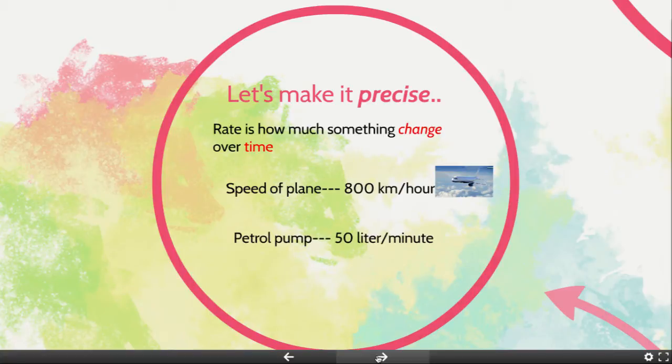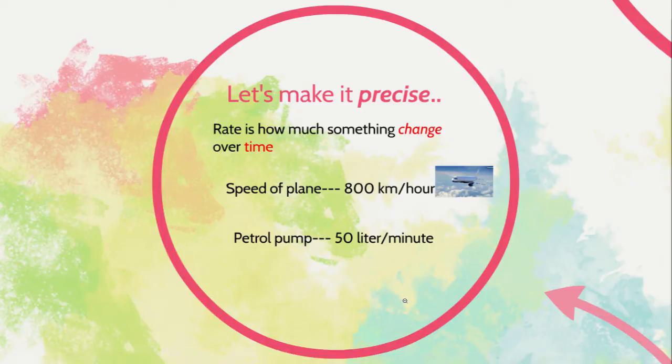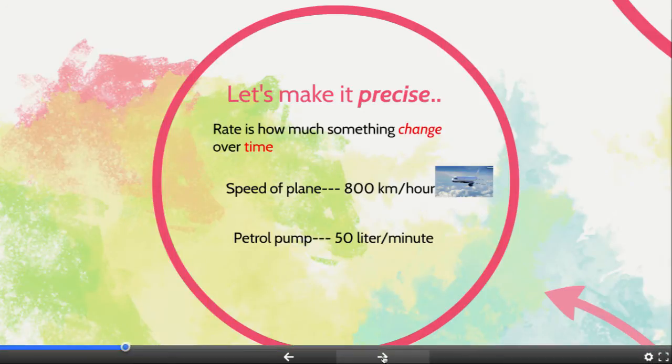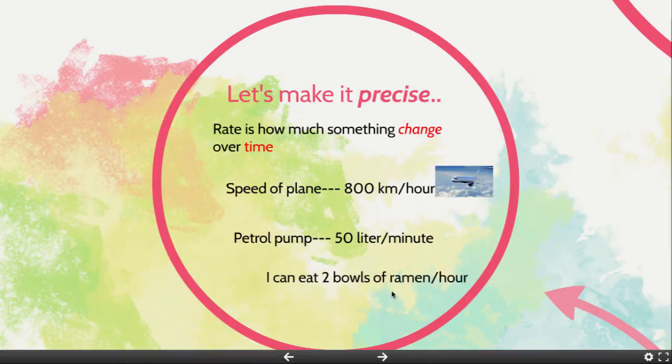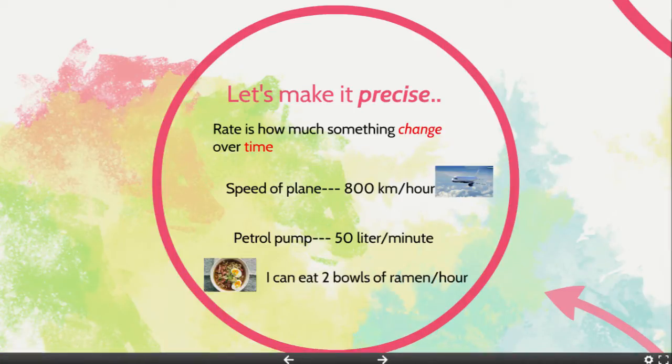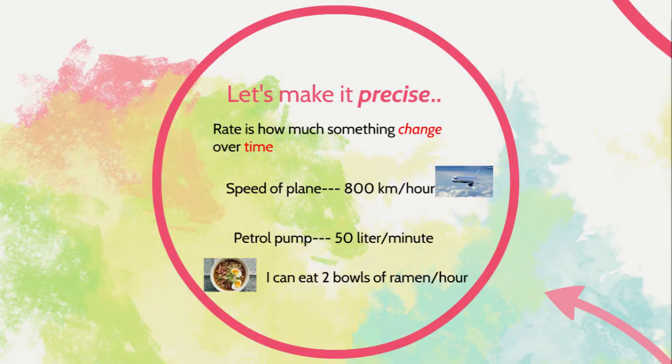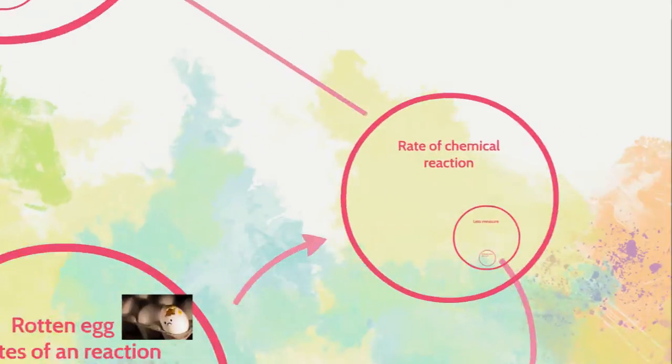The next one is a petrol pump. Here it is 50 liters per minute, which means that in 1 minute, it can pump 50 liters of gas. The next one is I can eat 2 bowls of ramen per hour, which means that in 1 single unit, which is an hour, I can eat 2 bowls of ramen. The units of time can be second, minute, hour, and year.